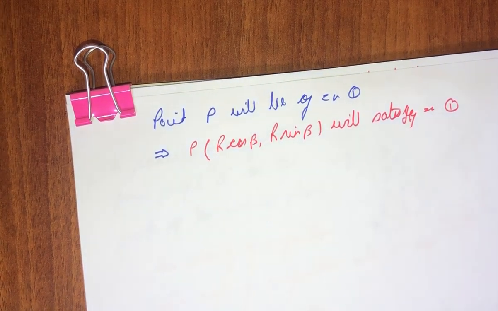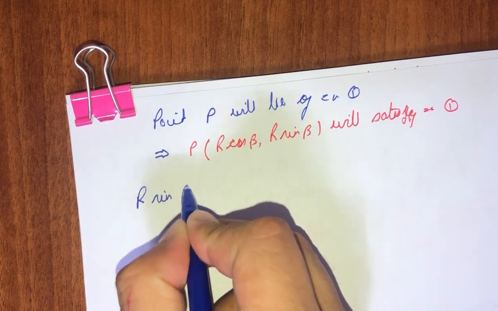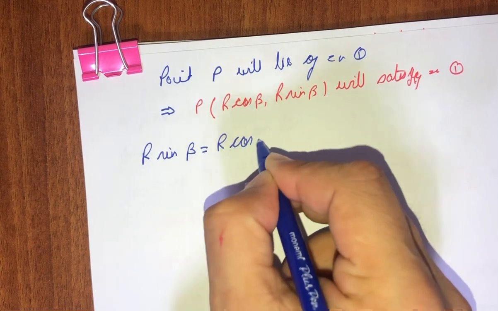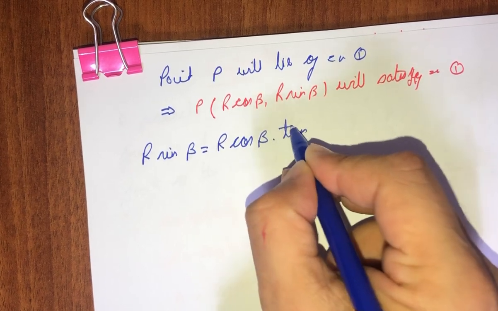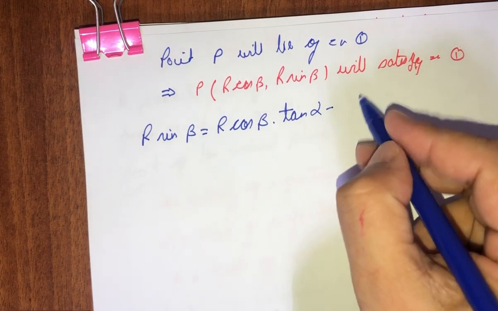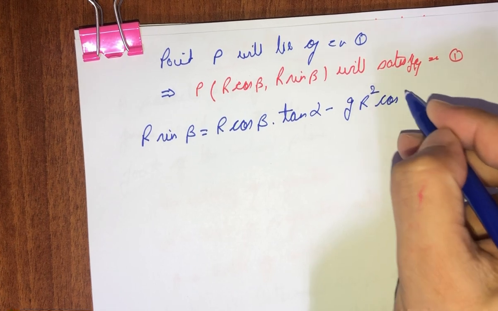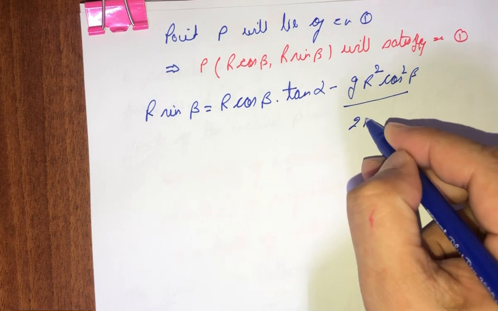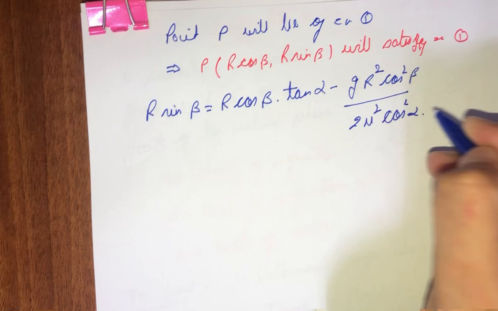So we are going to put these values. We get r sin beta equals r cos beta into tangent alpha minus g r square cos square beta divided by 2u square cos square alpha.